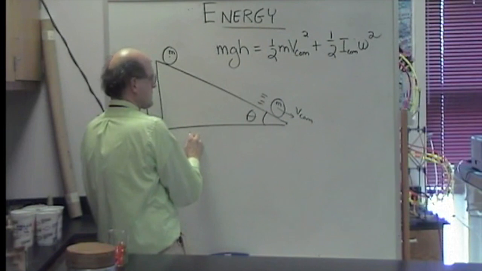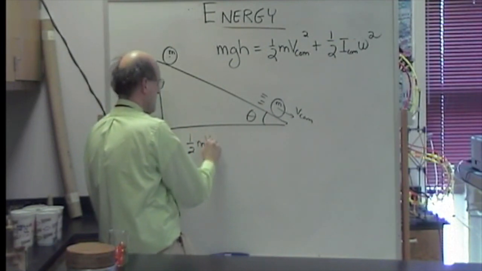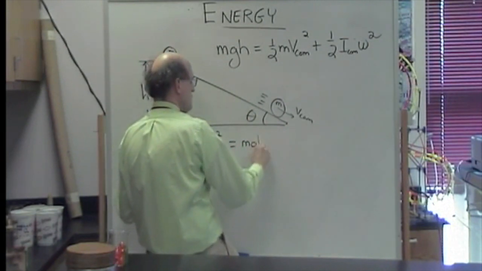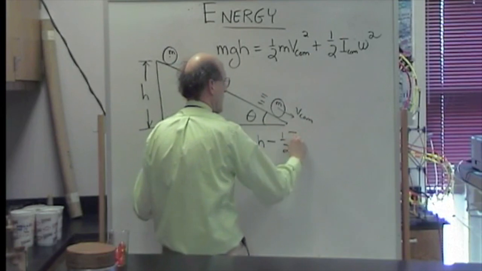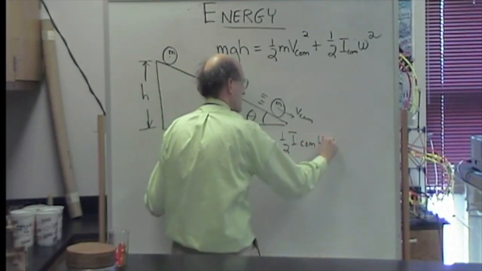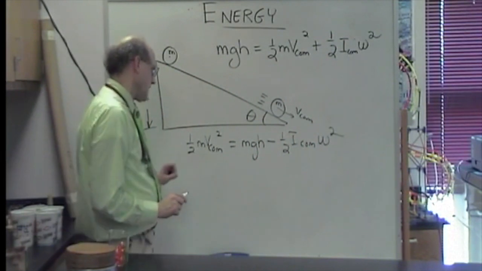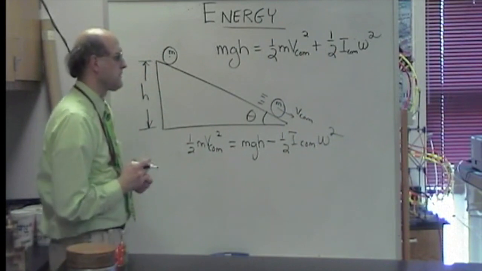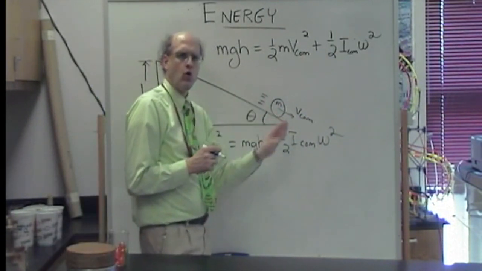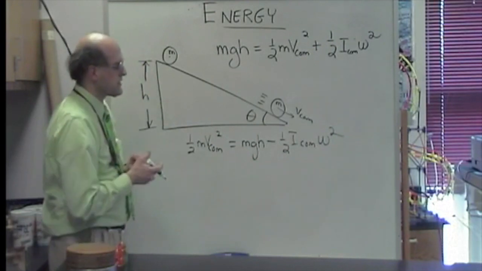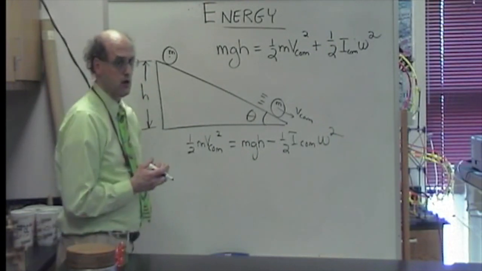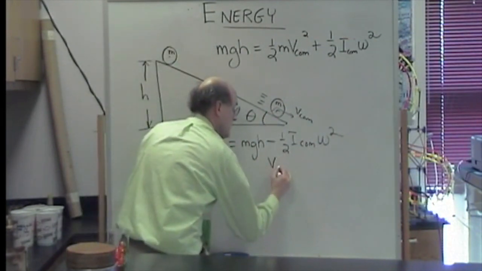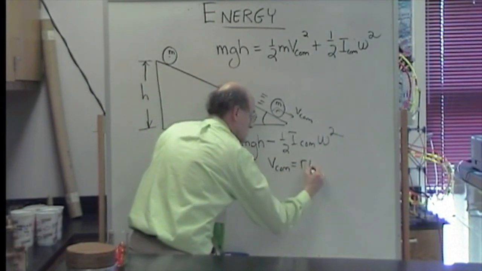So if we do that, we get first 1/2 m VCOM squared is equal to mgh minus 1/2 ICOM omega squared. Now, if this body is rolling without slipping, can't we express omega in terms of VCOM and R, the radius of the body that's rolling down the hill? We know that VCOM is equal to R omega.